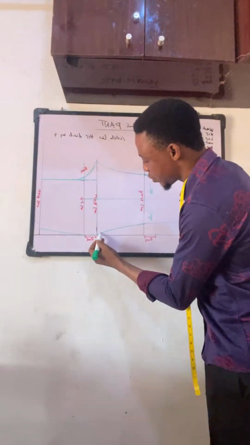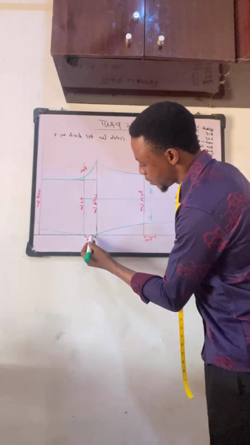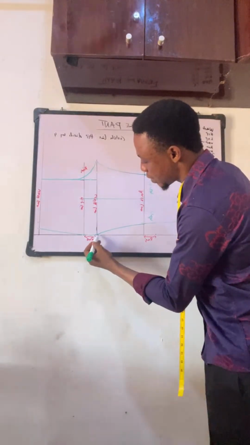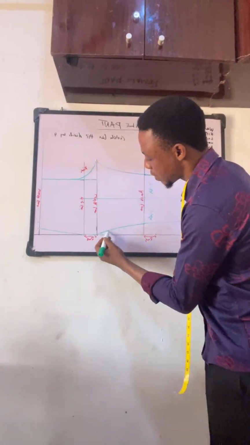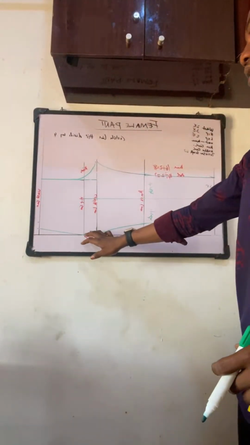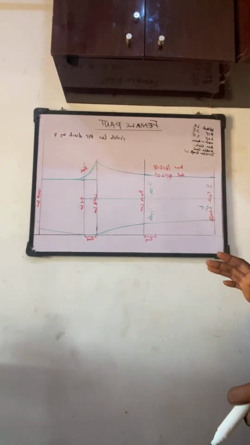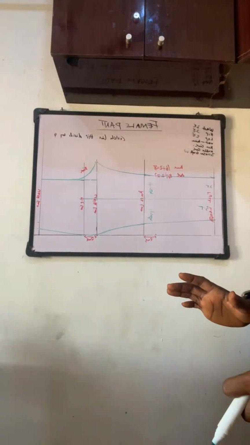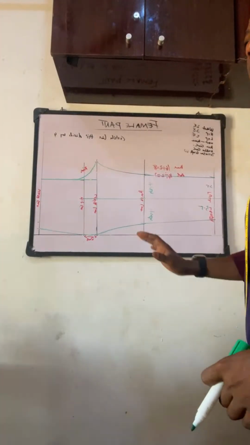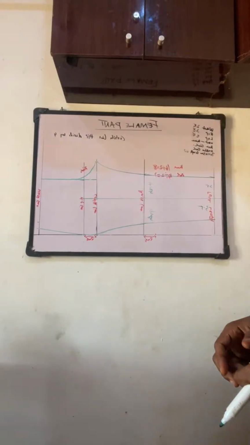Then you blend this together, blend this like this together. So this is your hip area, and this is how you have your trouser for the female, right?